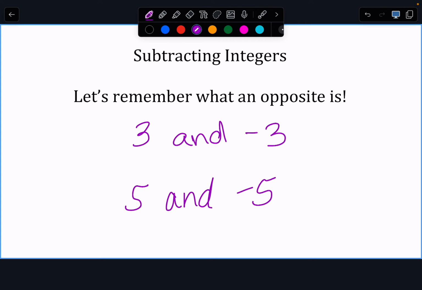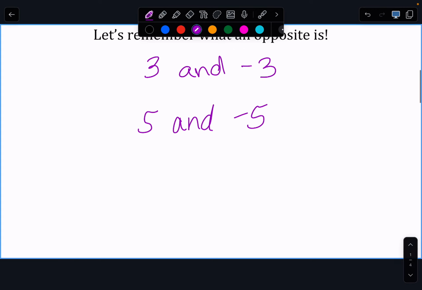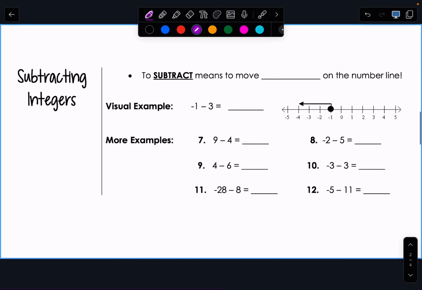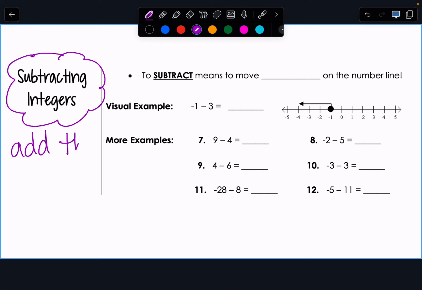Okay, so on page 5, we are going to focus on subtracting integers. And it has a number line. Yeah, subtraction means we're going to move backwards on the number line, okay? But what we're going to do is think of subtracting as adding the opposite.